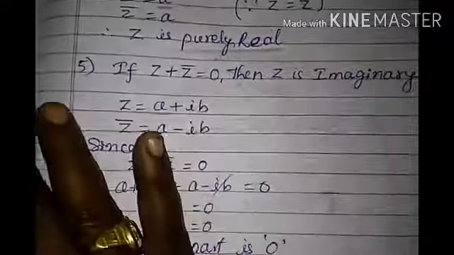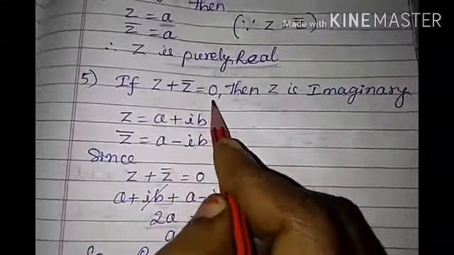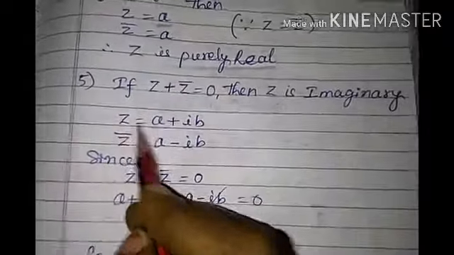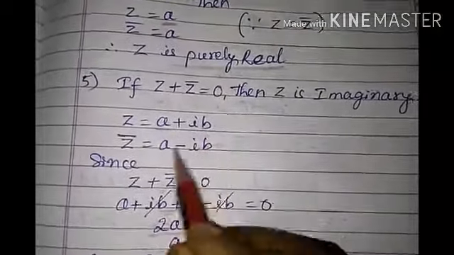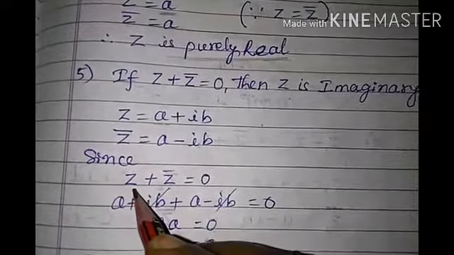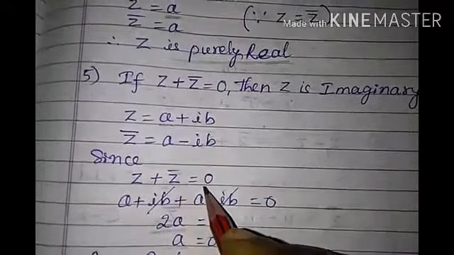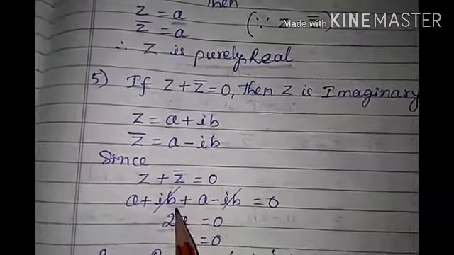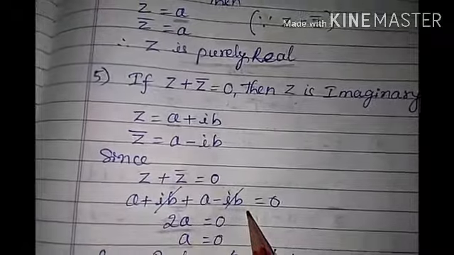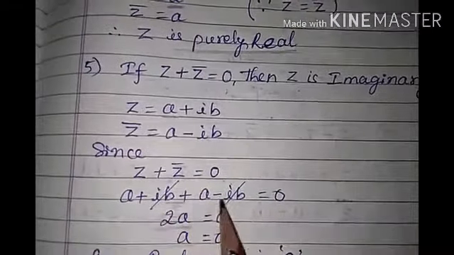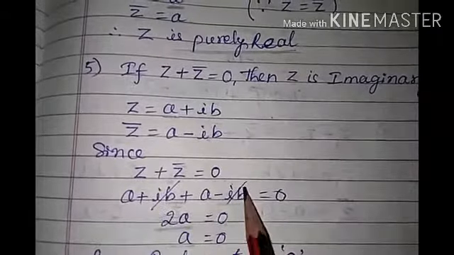The next one is: if z plus z bar equals 0, then z is purely imaginary. Z equals a plus ib, z bar equals a minus ib. Since it is given that z plus z bar equals 0, z is a plus ib and z bar is a minus ib, and the sum is equal to 0. That means plus ib and minus ib cancel.